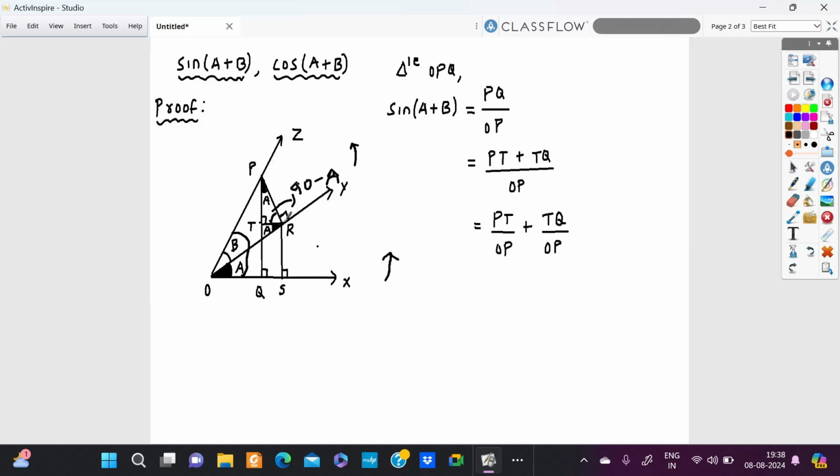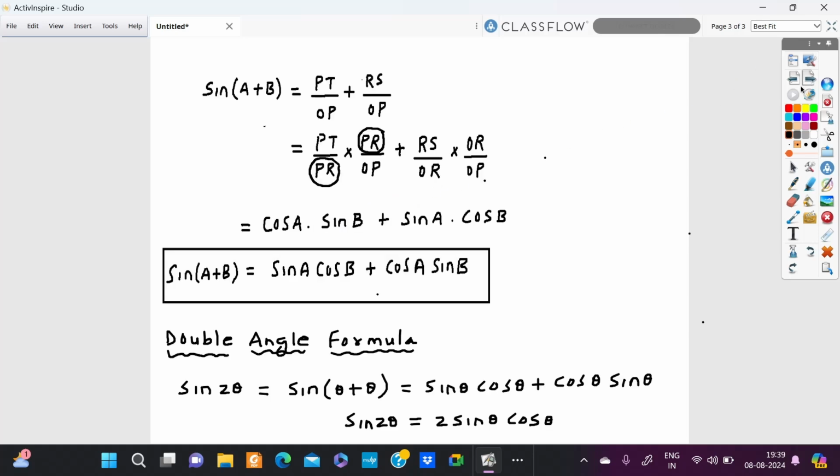PR is part of the right-angle triangle PTR, and PR is part of the right-angle triangle OPR as well. So I include PR, because if you simplify, PR and PR cancel, the same as PT over OP. So we include a new line common to both right-angle triangles, from which I can define cos A, sin B, etc.